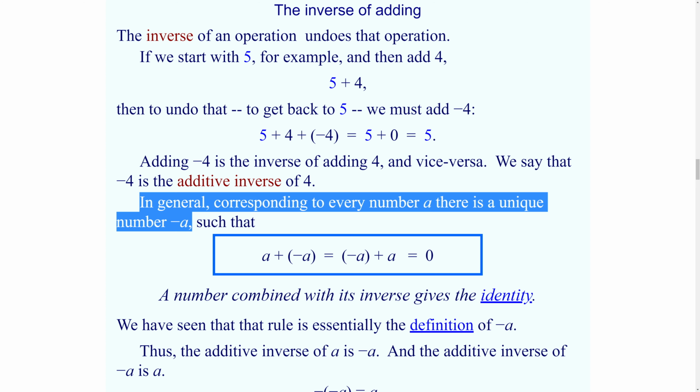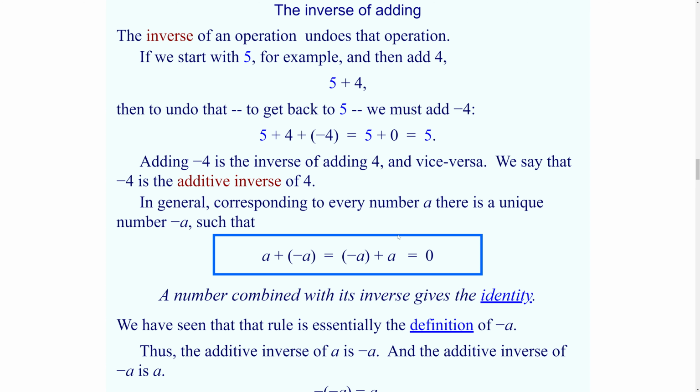So if we read this on and we flow into this section here, we're saying, in general, corresponding to every number a, which is here, there is a unique number, -a, such that when it's added to that number, it produces 0. So a number combined with its inverse gives the identity.